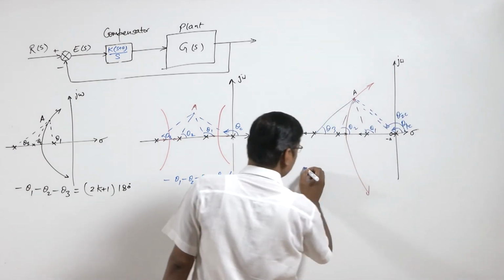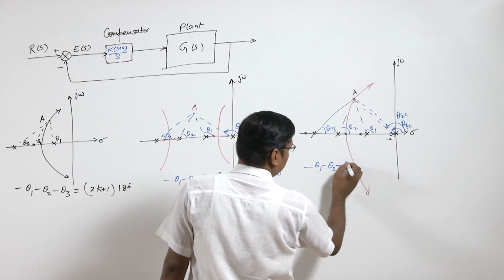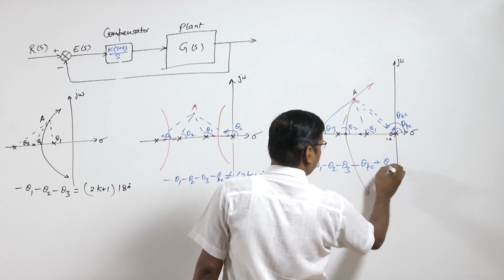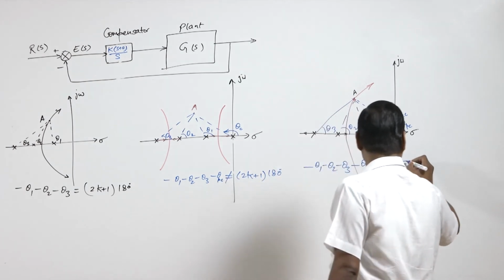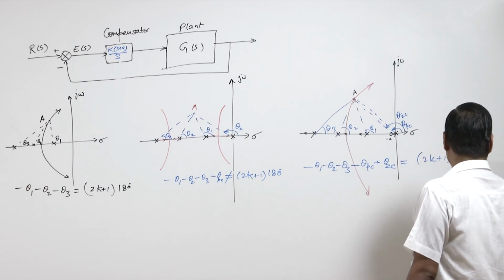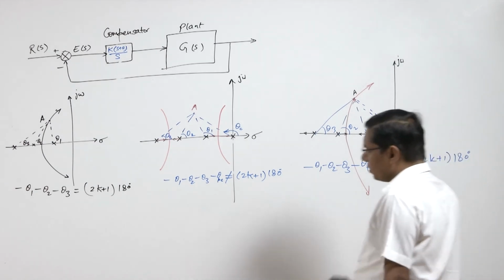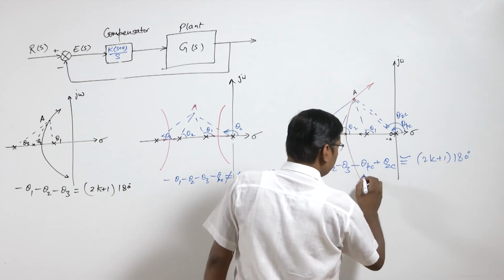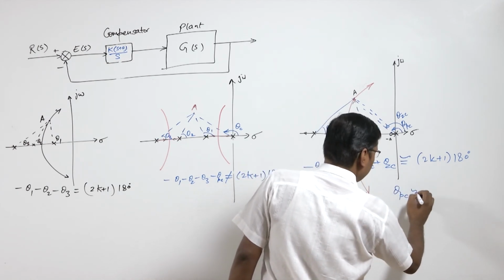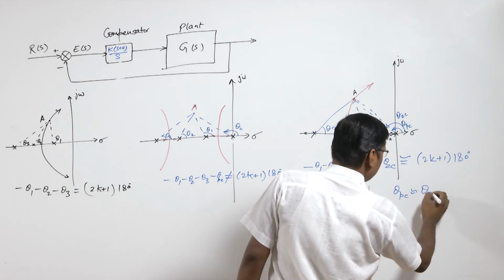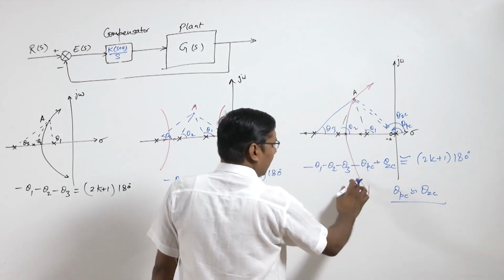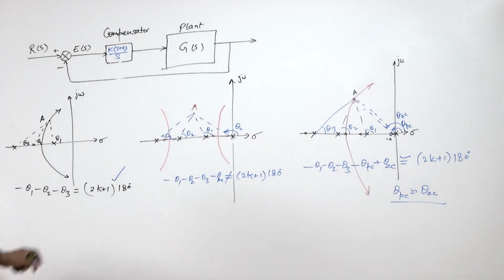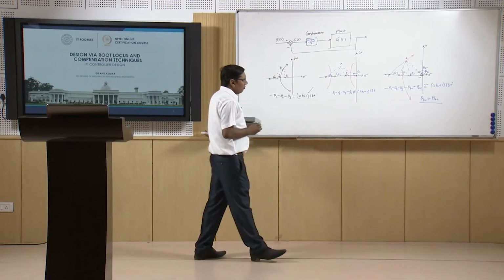So, again here minus theta 1 minus theta 2 minus theta 3 minus theta PC plus theta ZC equals (2k plus 1) 180 degrees. This will be approximately equal, because theta PC is approximately equal to theta ZC and they are of opposite signs. So they will almost cancel, and this condition will remain as the initial condition.